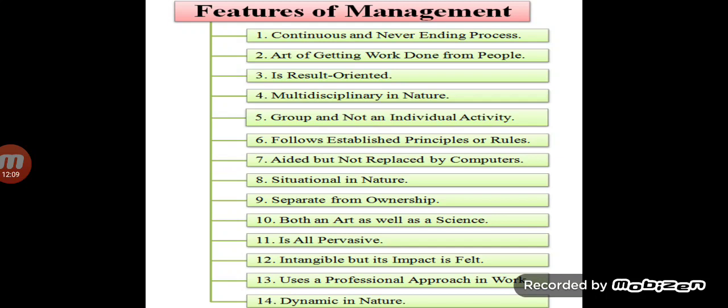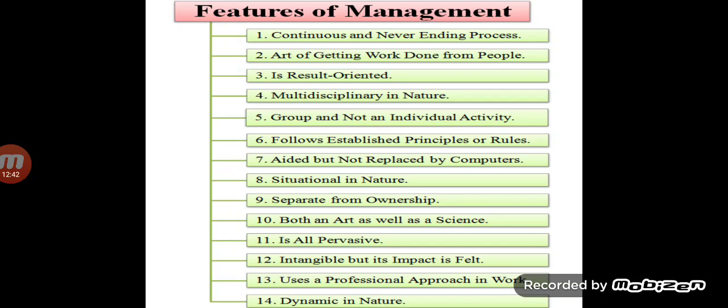Fourth point, multidisciplinary in nature. Management cannot perform only a single activity, but it manages many activities to achieve a single goal. Here the manager does not only get the work done by others, but also manages the employees, provides the work, and manages the relations with others in the organization.